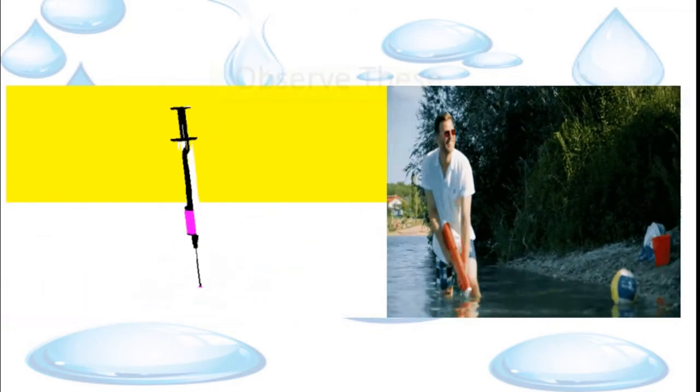Now dear students, see this. The first one is an injection syringe and the second one is the spray pump or water gun, you can call that. Now see the action.